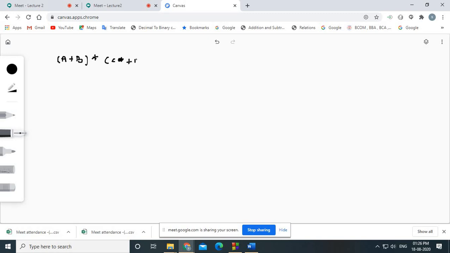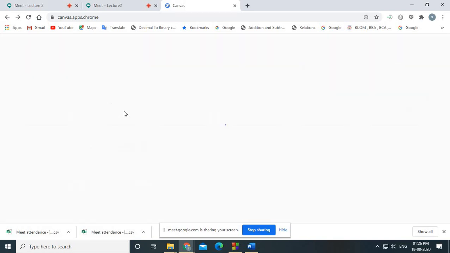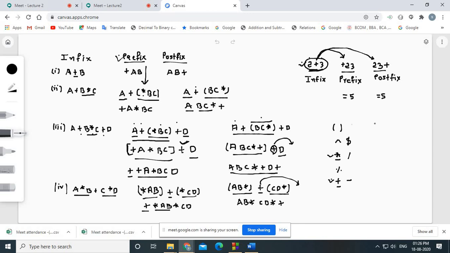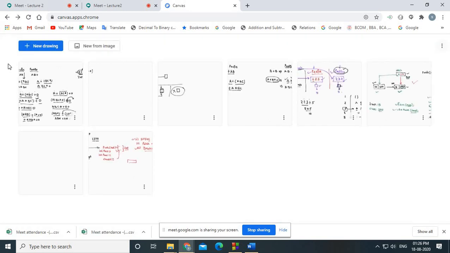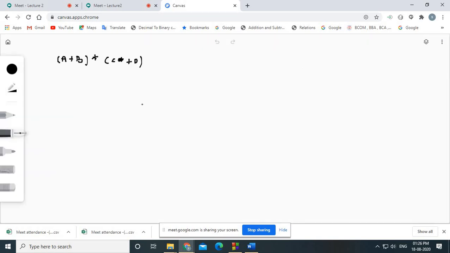So here C plus D. Okay, now see, here the highest priority is given to what? Parenthesis. So if you have a parenthesis, you just have to forget what operator is given to you. You just have to resolve the parenthesis first, right? So here, first we just need to resolve this.